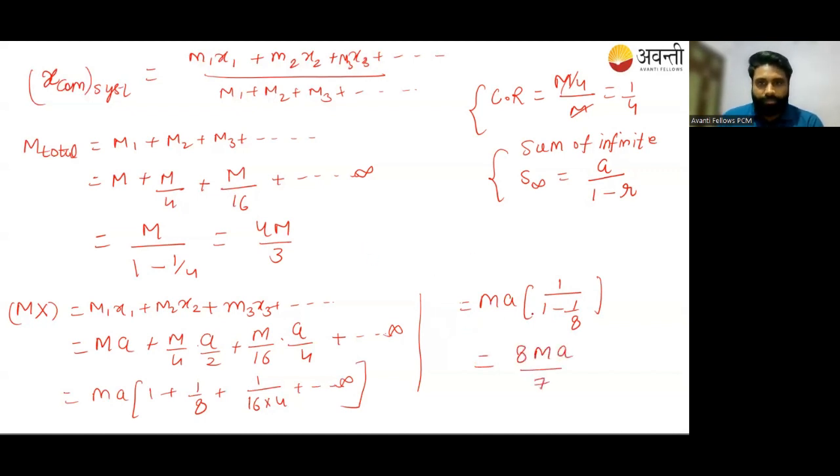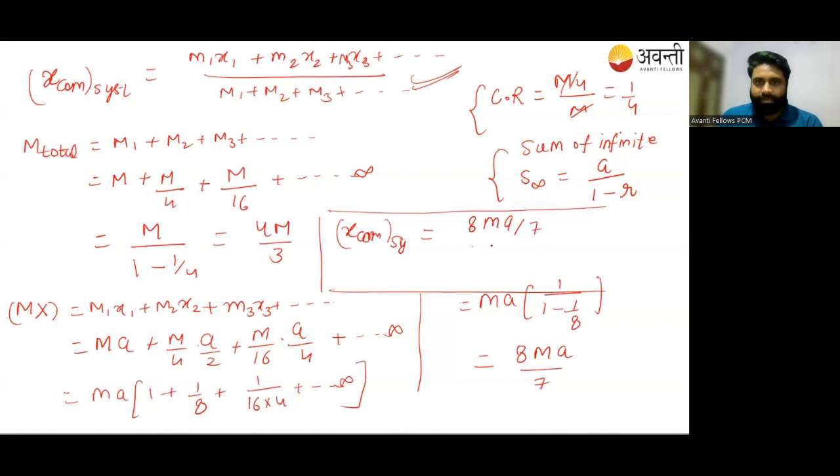If I put this value in this expression, what do we have? The x of center of mass of the system is equal to the upper part, 8MA by 7, divided by the lower part, 4M by 3.